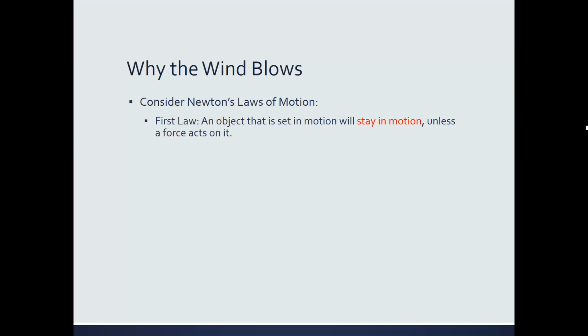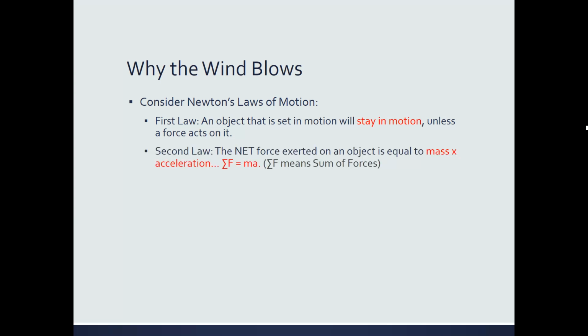Now, with that said, going into Newton's second law, it says that the net force exerted on an object is equal to mass times acceleration. Now, I want to really stress here the idea of a net force. Usually, there isn't just one force acting on an object. Like the good old Jared Weaver pitch I just talked about, as that ball is flying, there are numerous forces acting upon it.